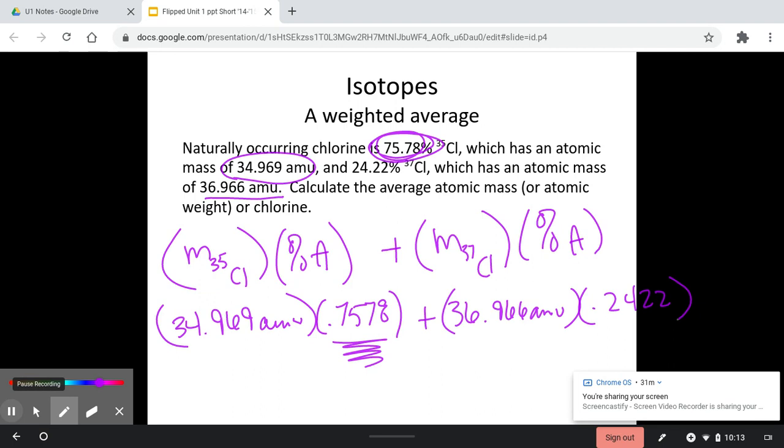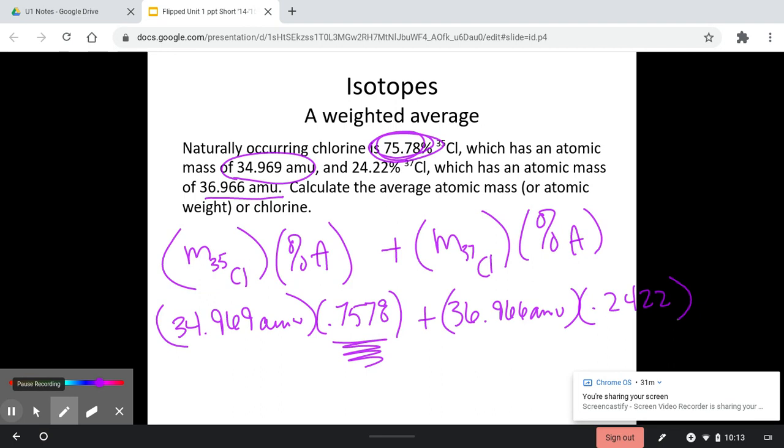It is 78% of the abundance of chlorine that you would find in nature, whereas chlorine 37 is only 24% abundant. And so we don't want to do an average with these two where they both apply equally to our average weight. We want to weight them unequally. We're going to weight them according to their percent abundance.